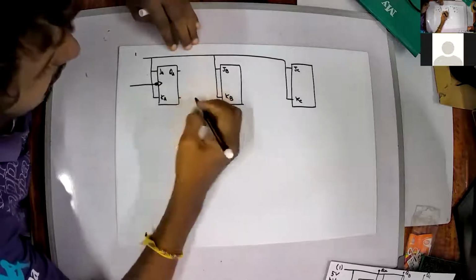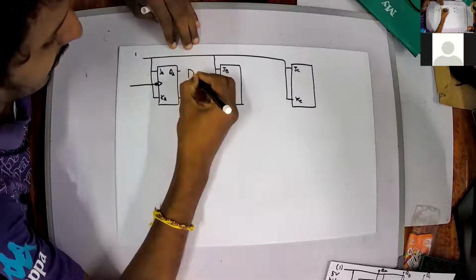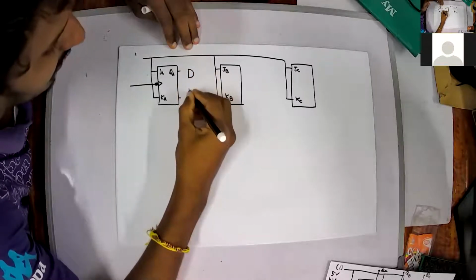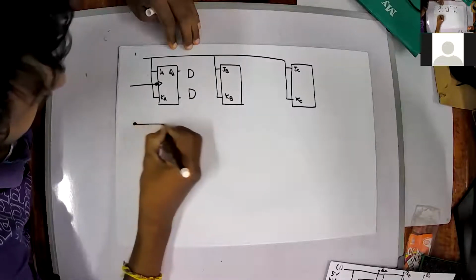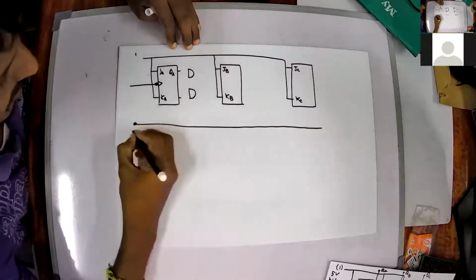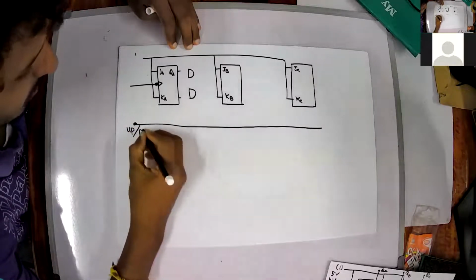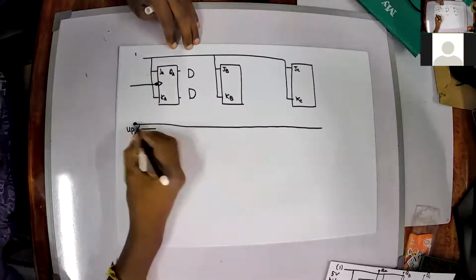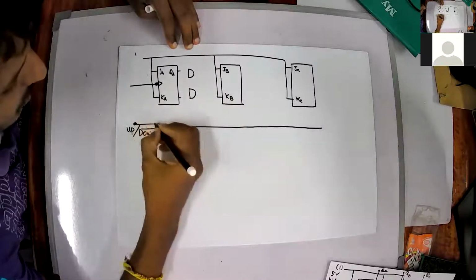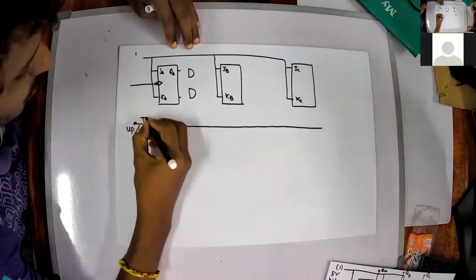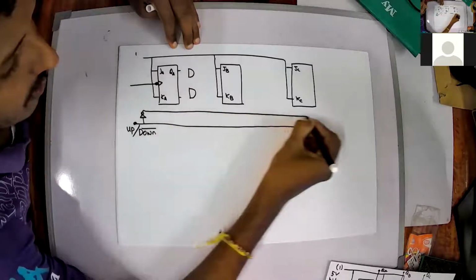Now, in the middle, I need that multiplexer circuit. So we'll have a line here, up down bar, which means if it is 1, it has to work as an up counter, and if it is 0, then it has to work as a down counter. So we'll make a NOT gate, and then make that line as well.